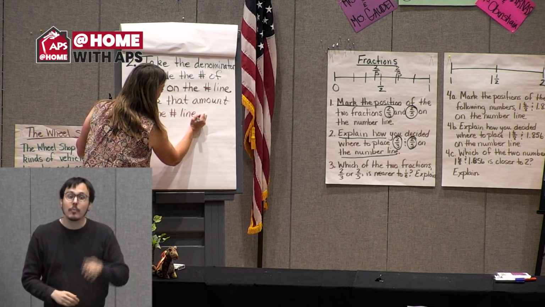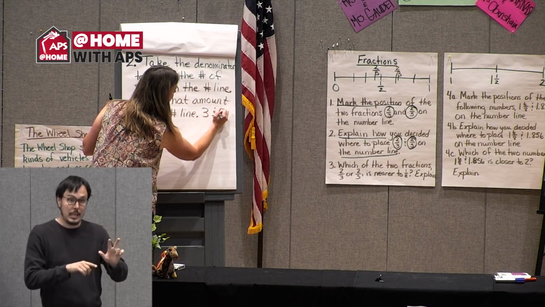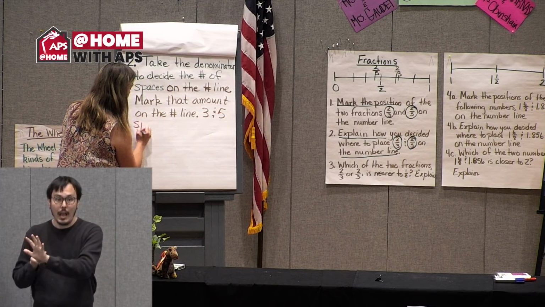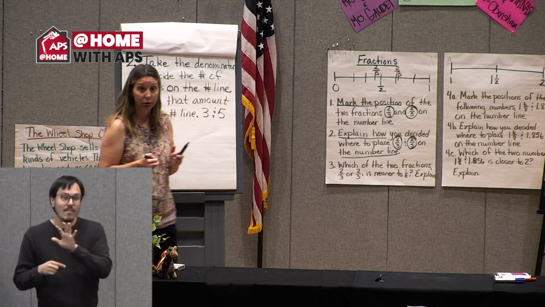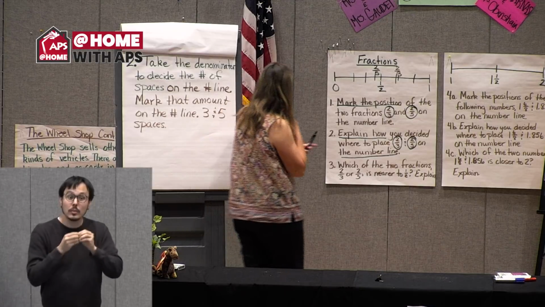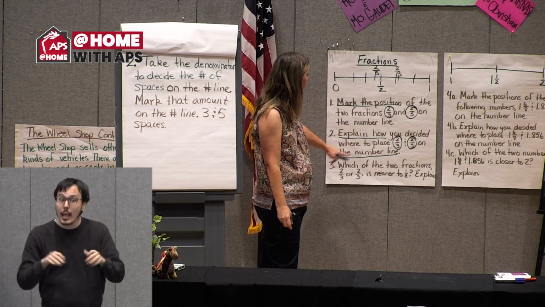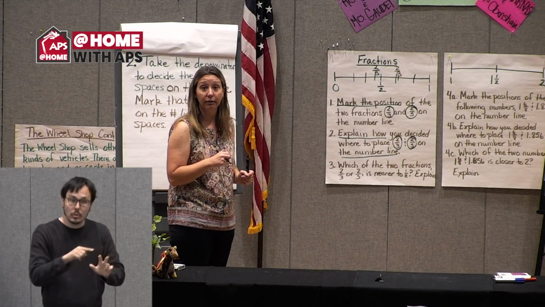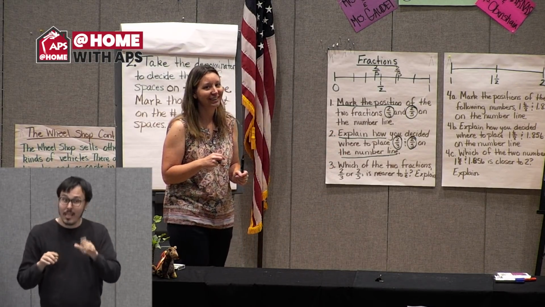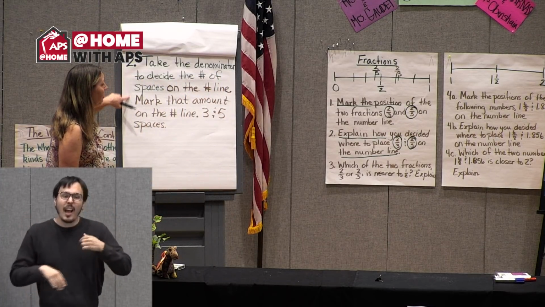So for me, I took a 3 and a 5. So that helps me out that I had 3 and 5 spaces. Okay. Did I answer number 2? Let me see. Explain how you decided where to place 2/3 and 2 fifths on the number line. Did I finalize it? Did I answer that? No, I didn't. Right? I sat up here and I just talked about the number of spaces.